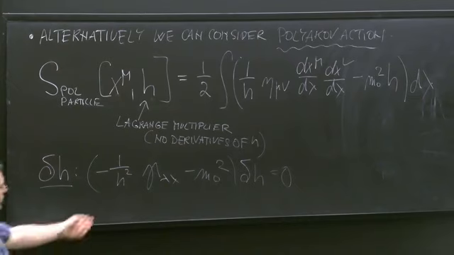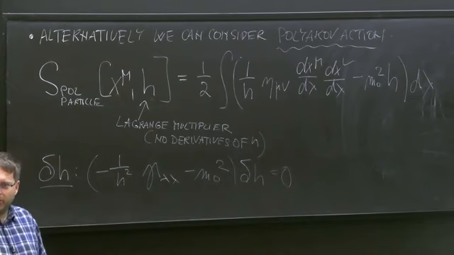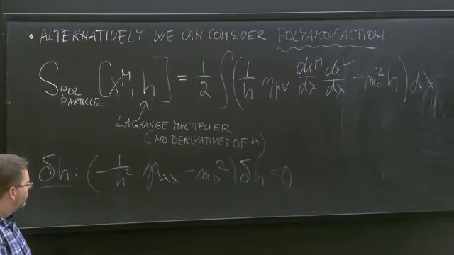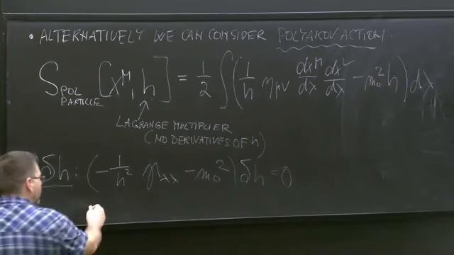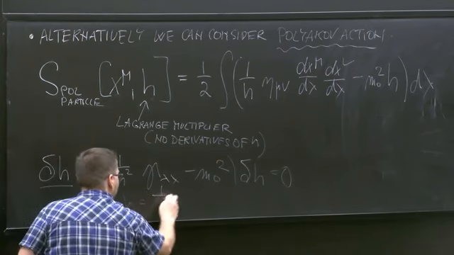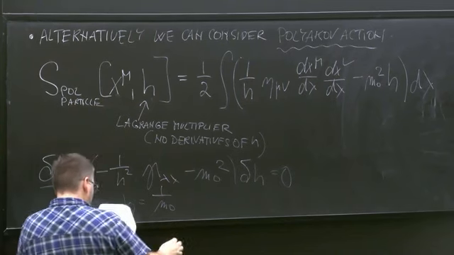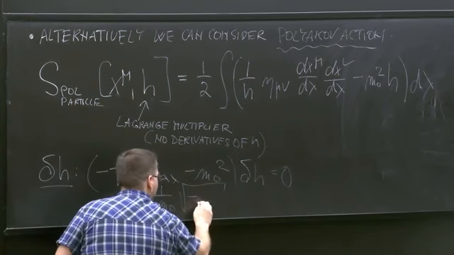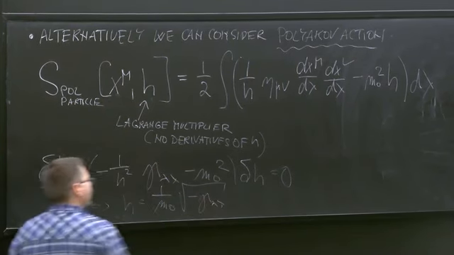Right, so you can calculate what h is from here. You find that h is 1 over m0 square root of minus gamma lambda lambda.